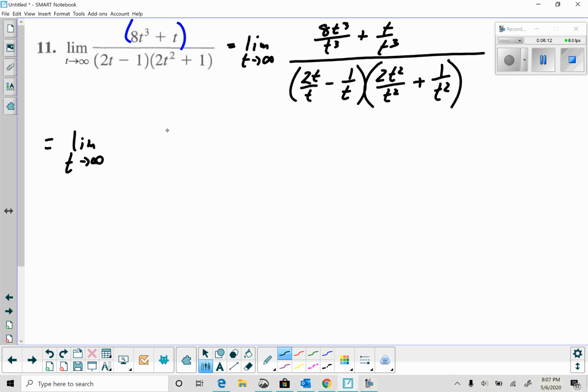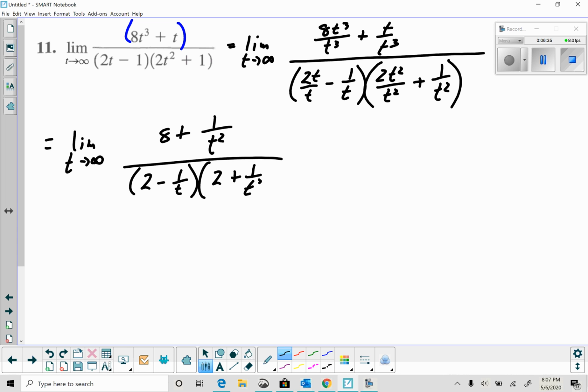So for my numerator, this becomes 8 plus 1 over t squared. For my denominator, the first factor becomes 2 minus 1 over t. The second factor simplifies down into 2 plus 1 over t squared. Well, that didn't simplify very much.